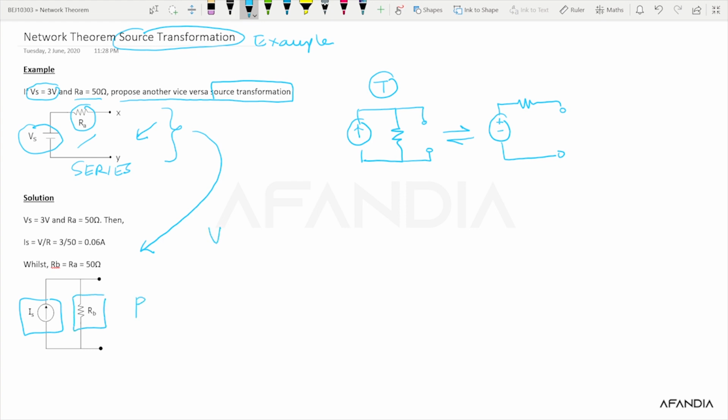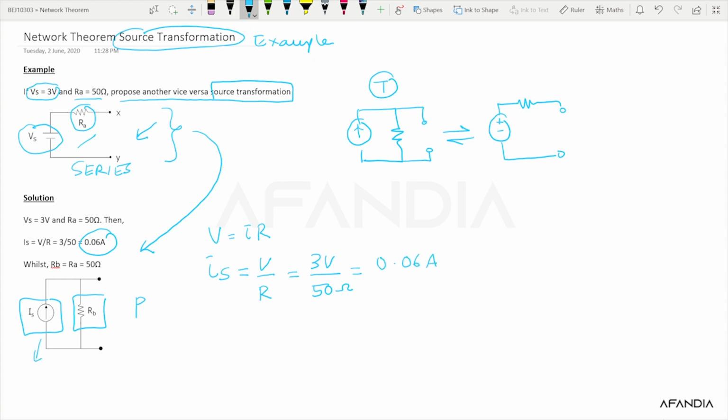You know that V equal to IR, right? So you know that your Is equal to V over R. If your V equal to 3 volt, your R equal to 50 ohm, then you will have your Is equal to 0.06 ampere.